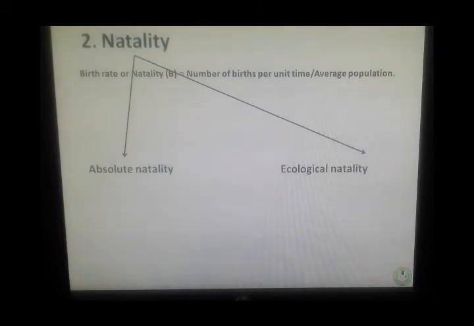So what is the ideal environmental condition? Where the limiting factors, which can suppress or reduce the birth rate, are not considered.